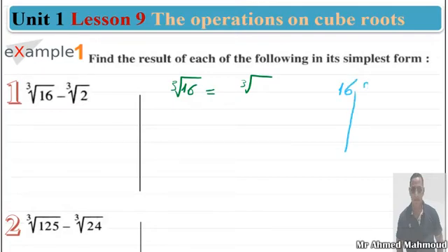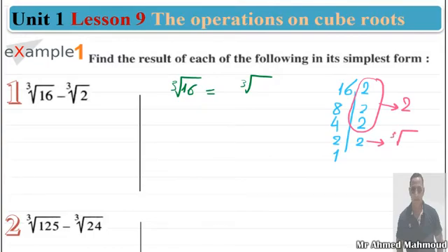16 divided by 2 equals 8, divided by 2 is 4, divided by 2 is 2, divided by 2 equals 1. Now I'm going to select 3 like factors to give me 2 outside, and this one will stay inside the cubic root. Then we have here 2 outside and 2 inside.